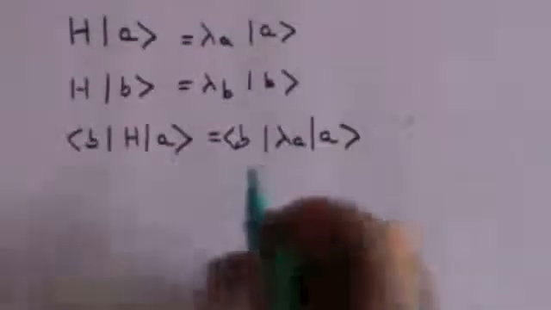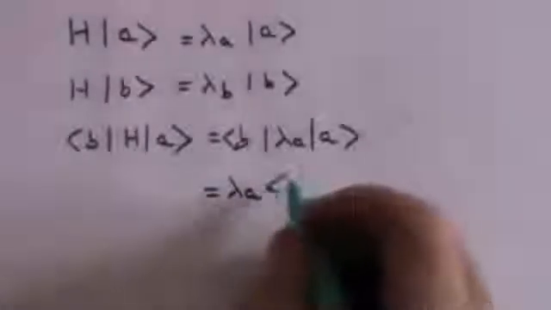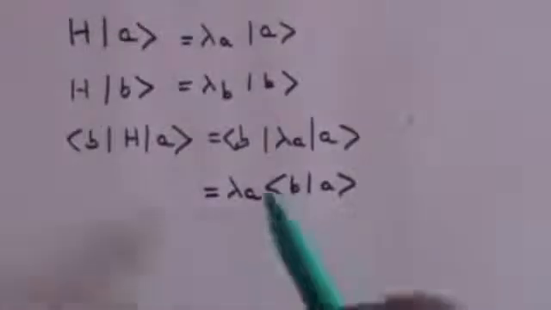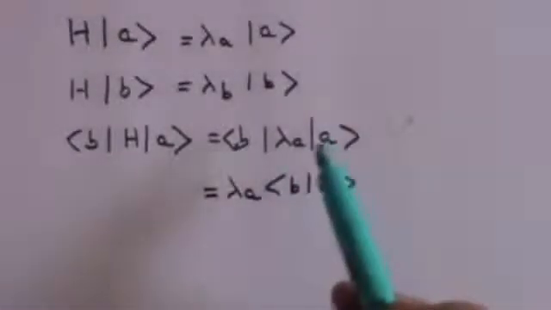That's simply B, that's this here, times HA, and HA is lambda A times A. But where you've got a number, that number can come outside the inner product because it's just a number, and that gives you lambda A times the inner product of B with A.